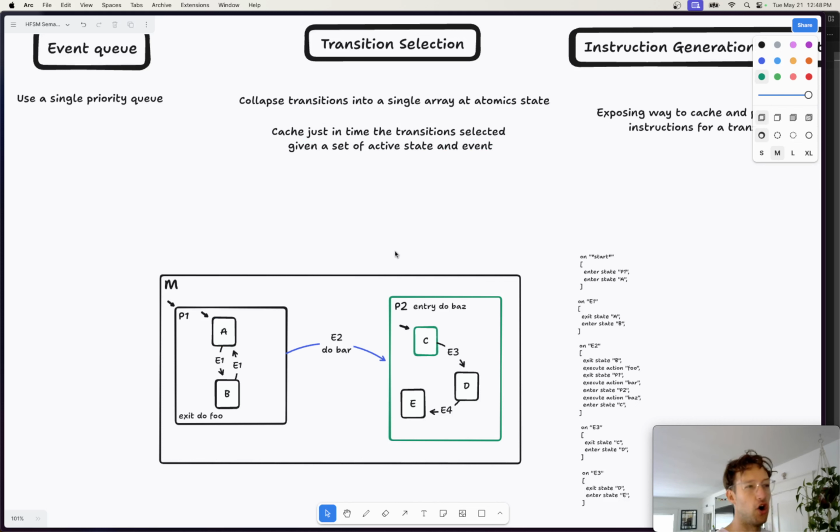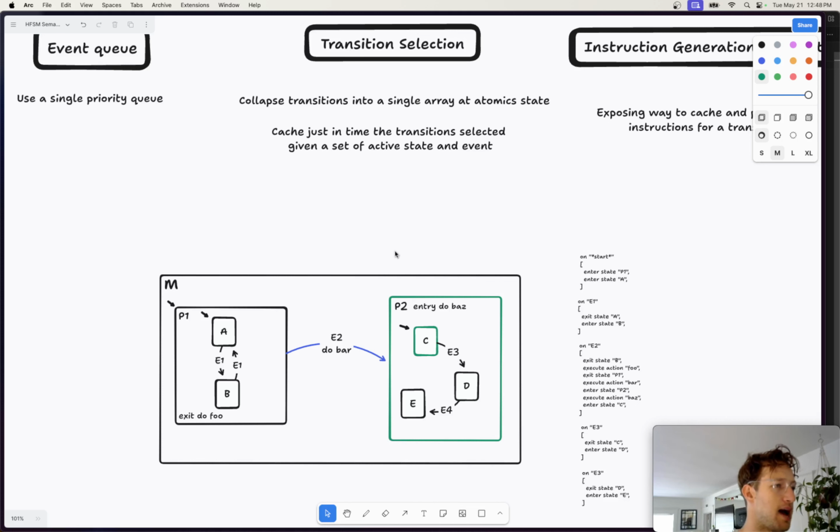So all you would need to do to cache, in my head, is to take the current state configuration, the current set of active states, and the event, and turn it into a unique ID or string. And if that's your key, then you could just get the transitions from that. It would have to be just in time because of the way composite states work, where there's sort of state explosion that happens.